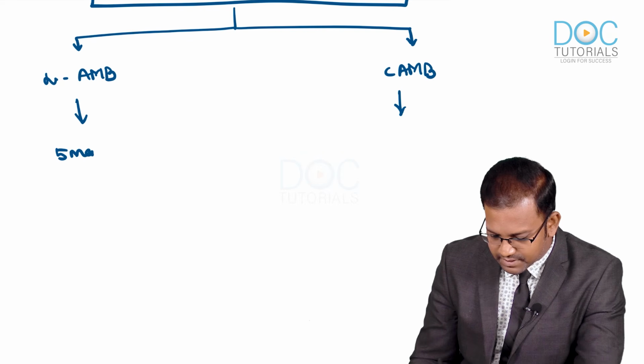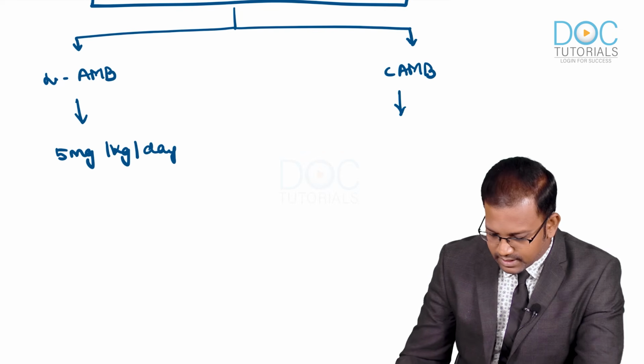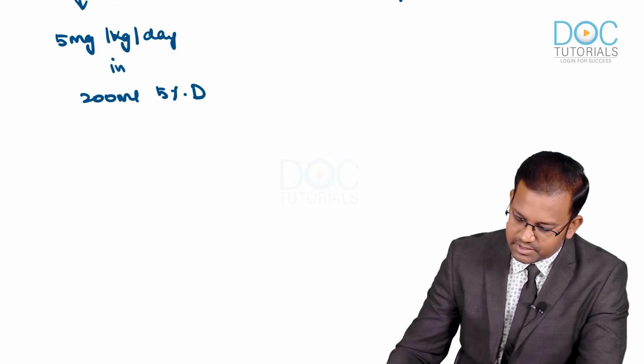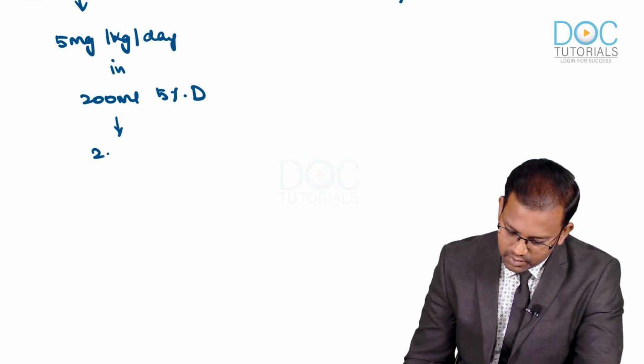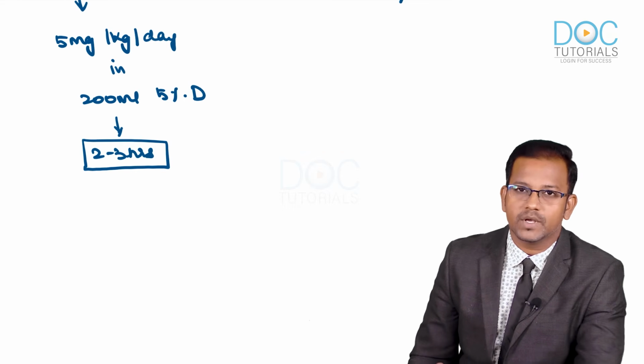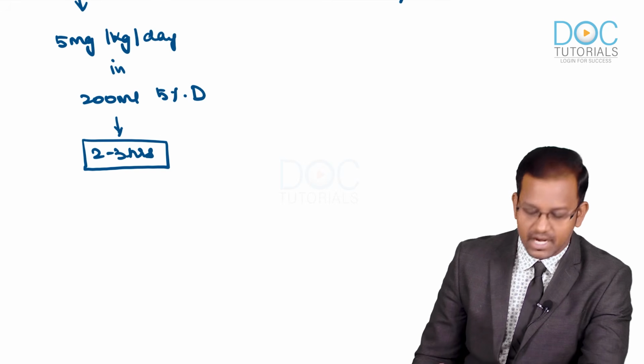Usually we give 5 milligrams per kilogram per day diluted in 200 ml of 5% dextrose, given as an infusion over 2 to 3 hours. As we've already explained, this drug can be given at large doses within a short span of time because there is less chance of infusion related reactions.